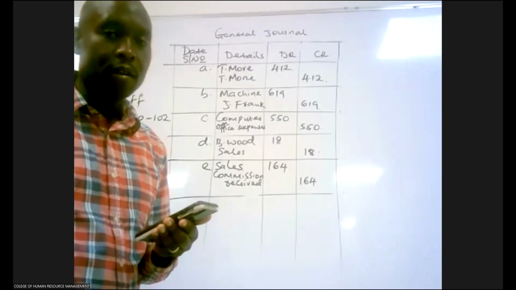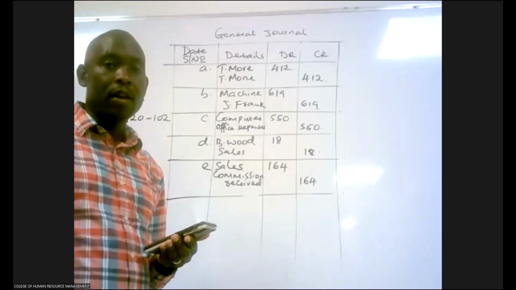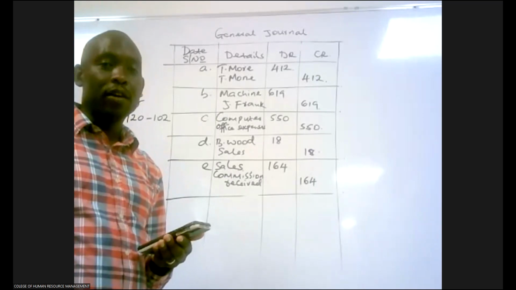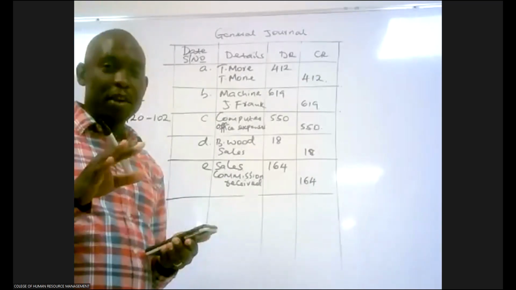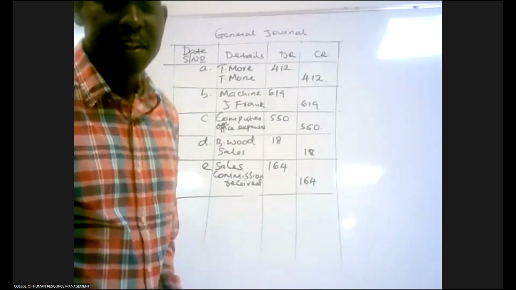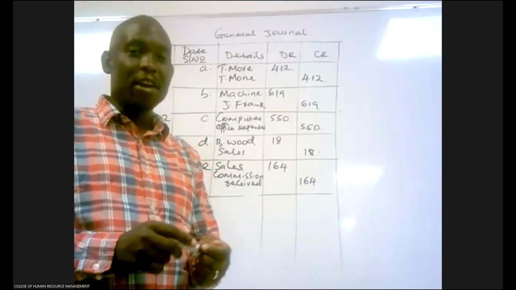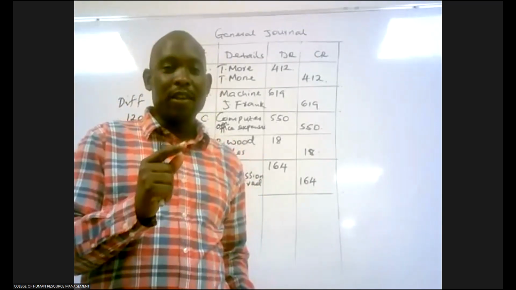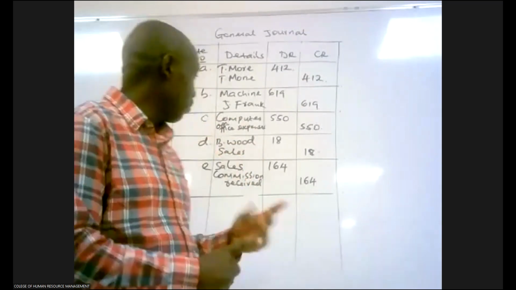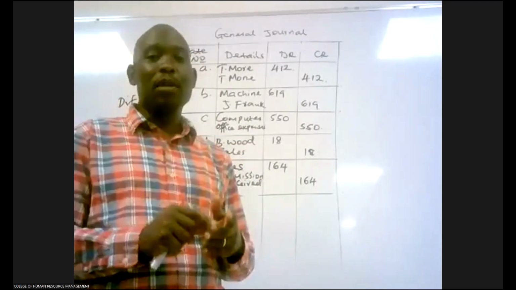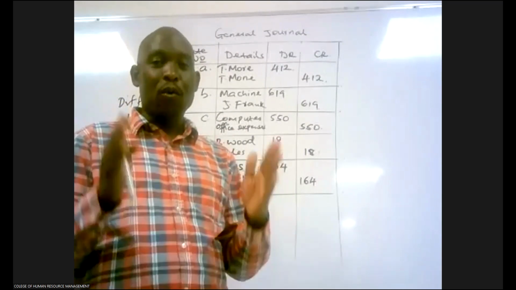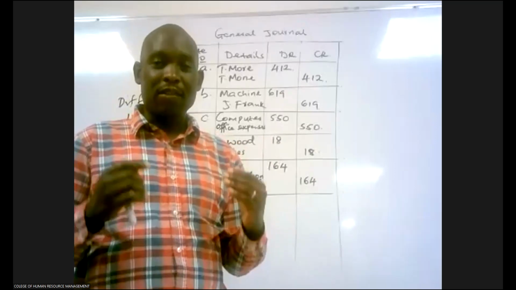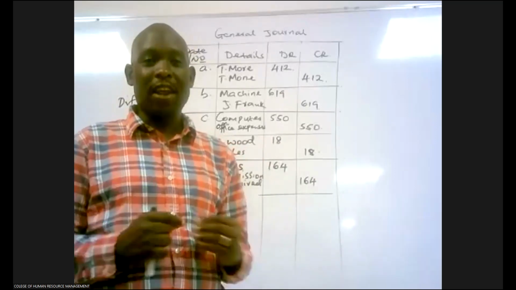You're saying sales is debited because it was on the other side. Sales is always credited, yes. In this case, it was debited. Anyway, I want us to go slowly to that statement. The statement says commission received of 164 has been entered in sales account. Whatever you are saying is very correct. But now let us take ourselves to correcting the error.